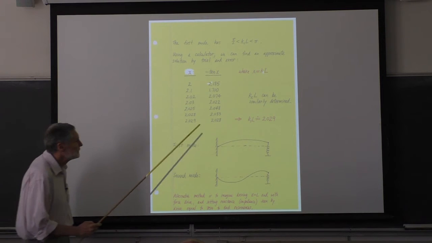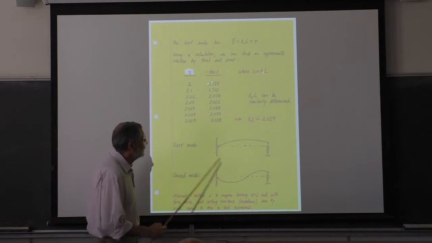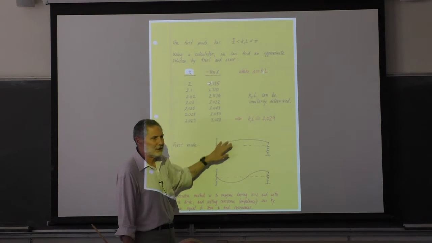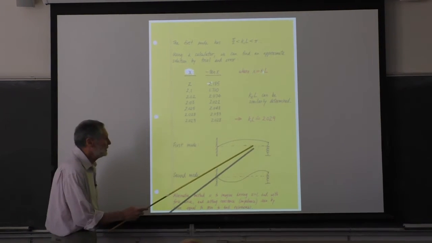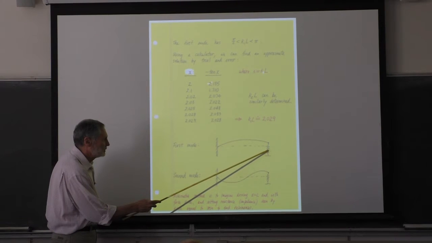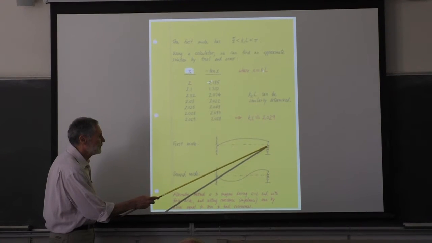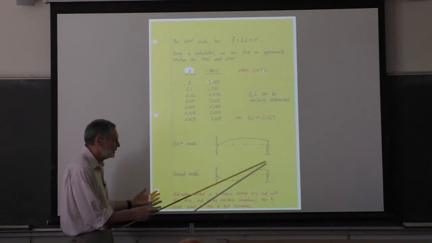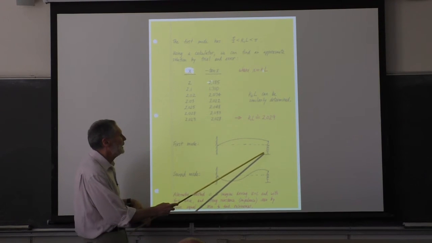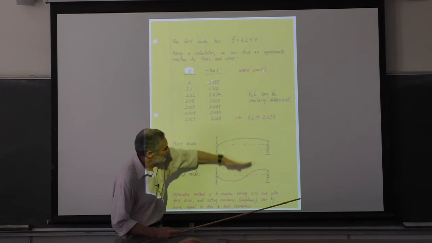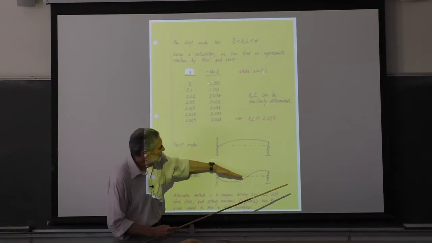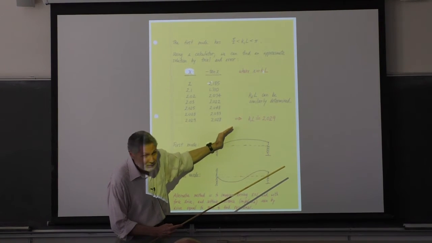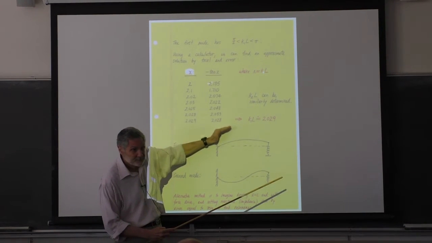Okay? So what does the first mode look like? Well, it's pretty clear it's going to look like this, right? No nodes. We're at a specific value of the spring constant here, but we can certainly imagine changing it, keeping the string the same. And we know that when it's very stiff, it's going to look like this. And when it's not very stiff, it's going to be a quarter wavelength.